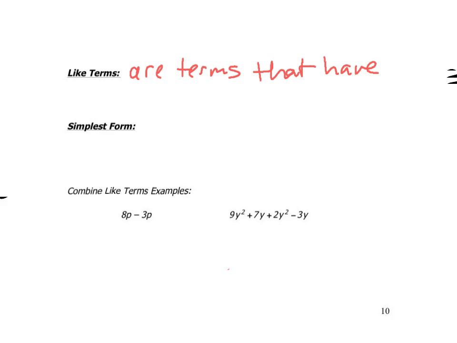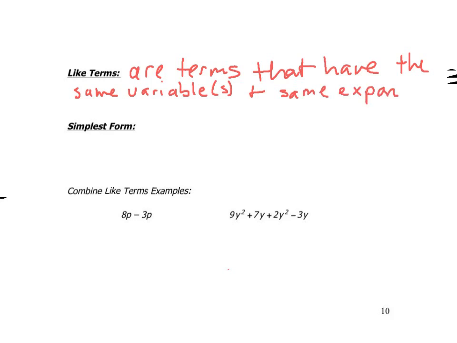They have the same variable or variables, and they have the same exponents. Okay, so an example of this would be if I had 3x squared, a like term to this would be 4x squared. Notice how they have the same variable of x and they have the same exponent of 2.